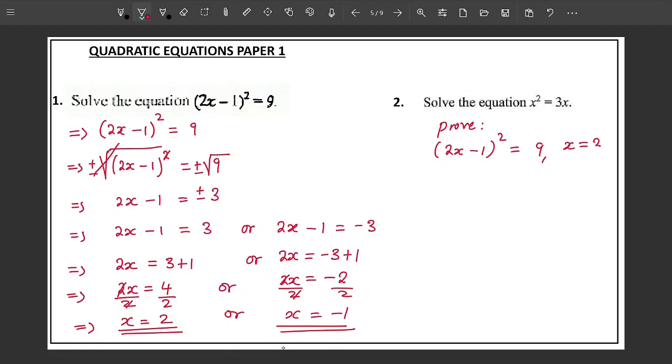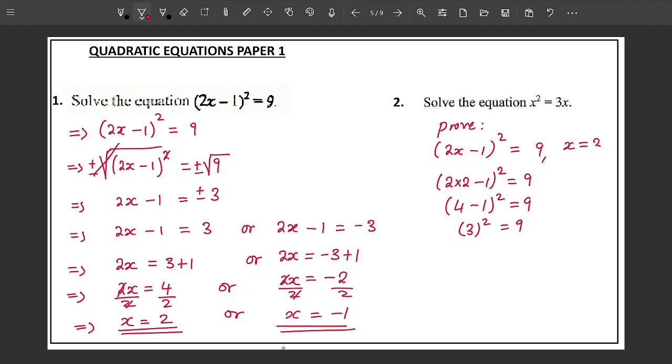So we'll say open brackets 2 times 2, where there's x, it means 2 times 2, then minus 1, to power 2 is equal to 9. So 2 times 2 is going to be 4. Then minus 1 there, like that, power 2 is equal to 9. Then 4 minus 1 is going to be 3. 3 to power 2, then here we'll have 9.